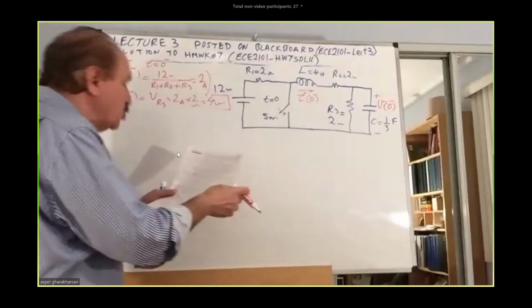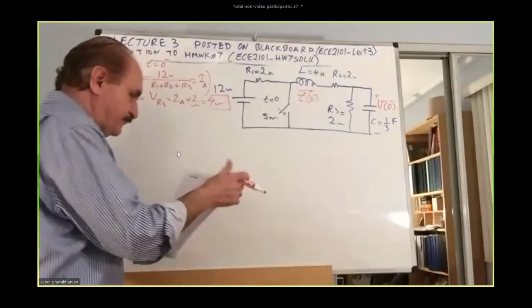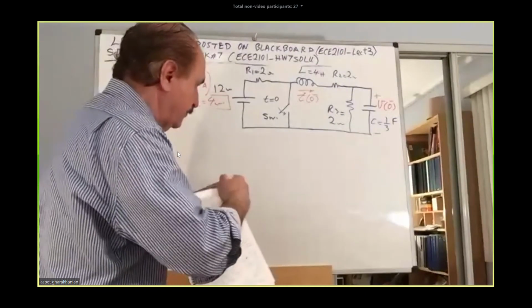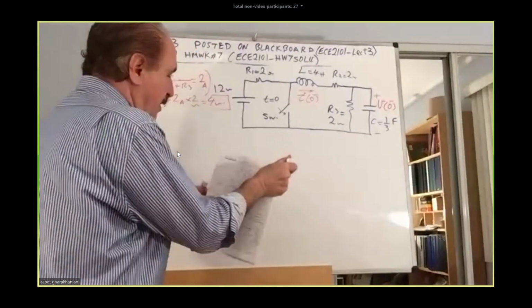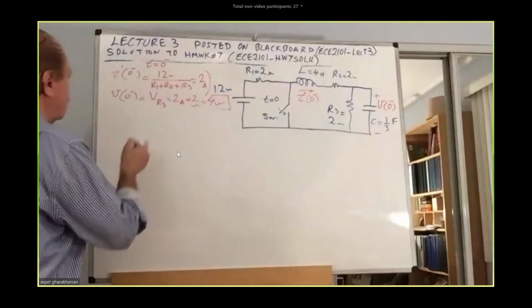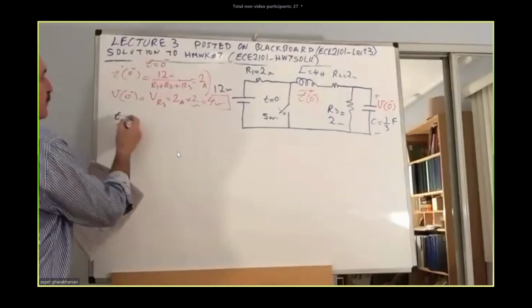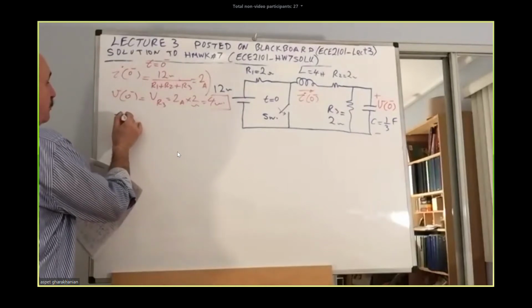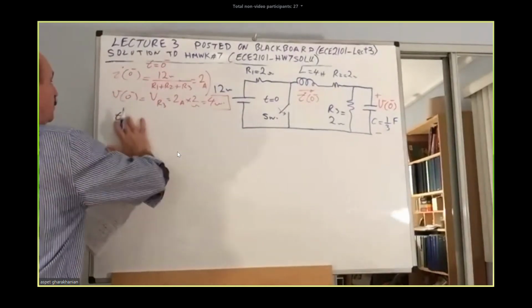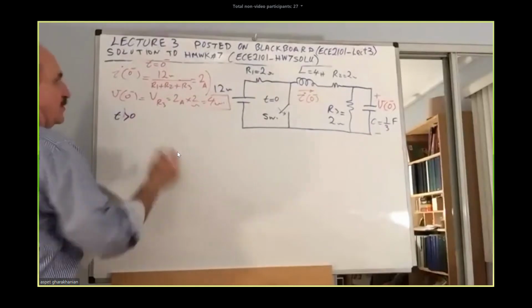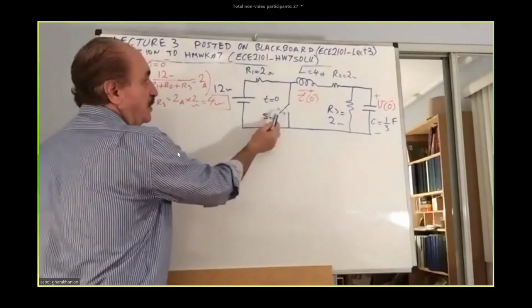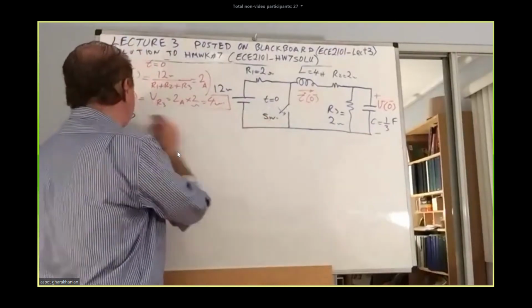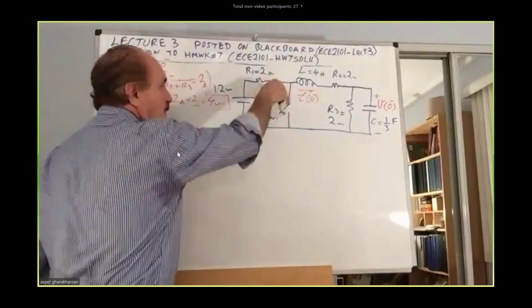Now we choose the following option. Now the switch is closed. T is greater than 0. If for time t equal to 0 or greater or equal to 0, the switch is closed.